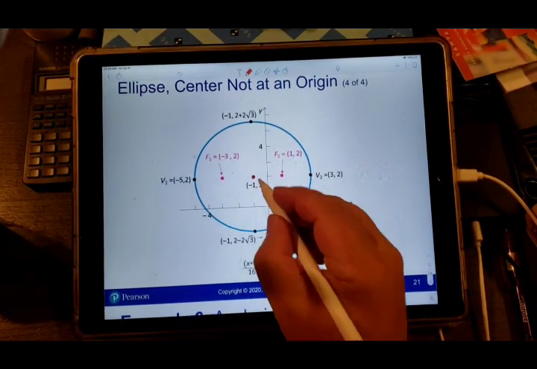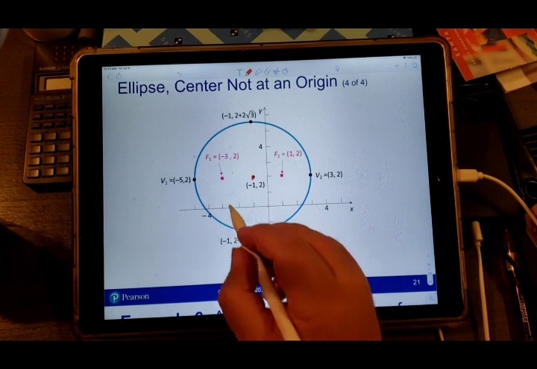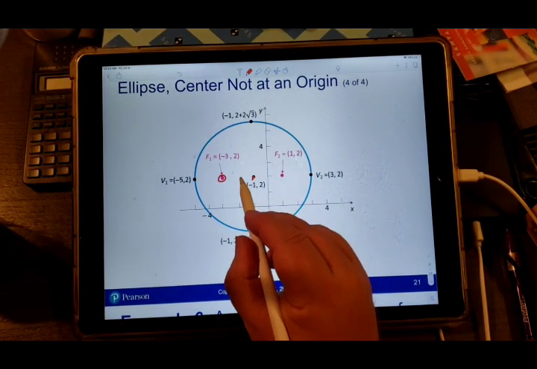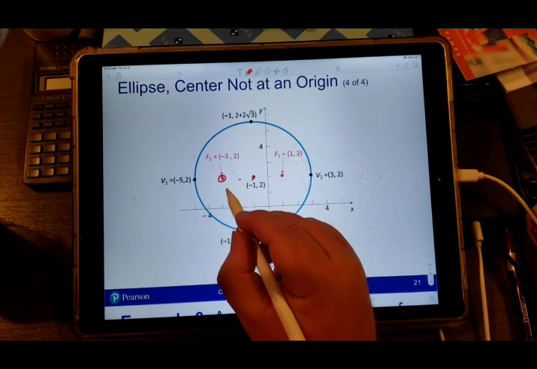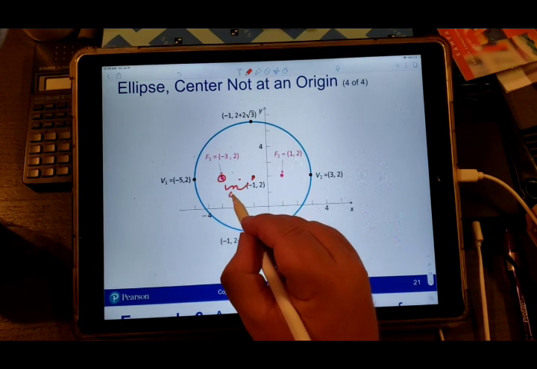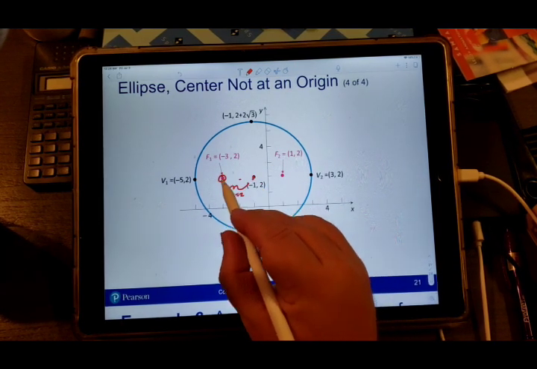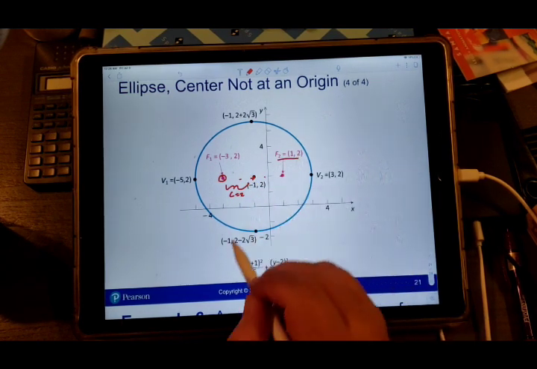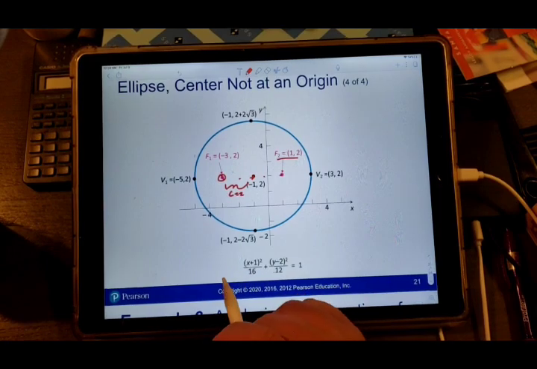There's my center. This is the focus they gave us. So if there's a focus at -3, 2 in that direction, C is 2. And if there's a focus in that direction, there has to be a focus in this direction. So I could plot that to find that point.